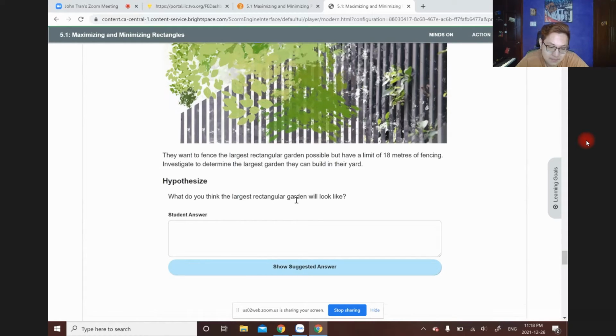It's equal to 18. So, yeah. Garden. Length of meters.